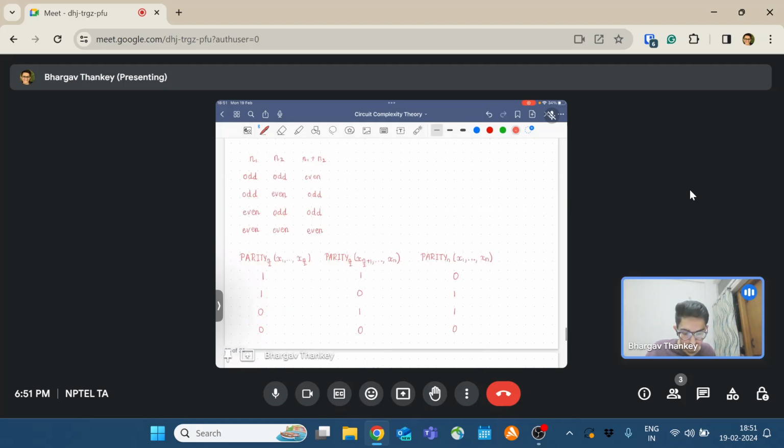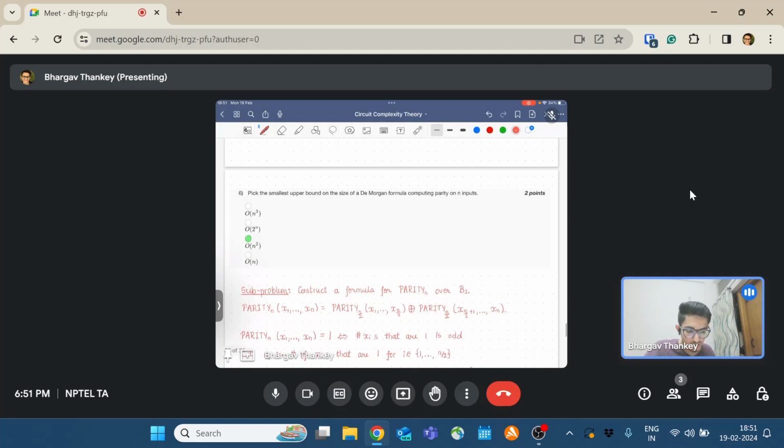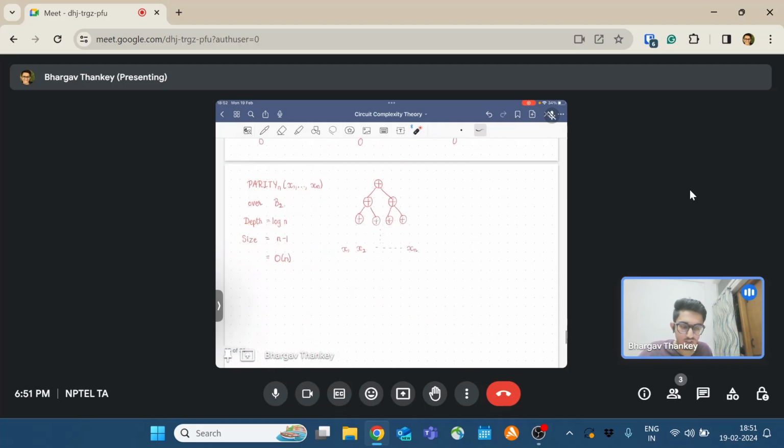But the question is, okay, what is the size of parity on n inputs over the De Morgan basis, right? Now instead of a formula, if I had a circuit, then I could have gotten a circuit of size order n. Why?